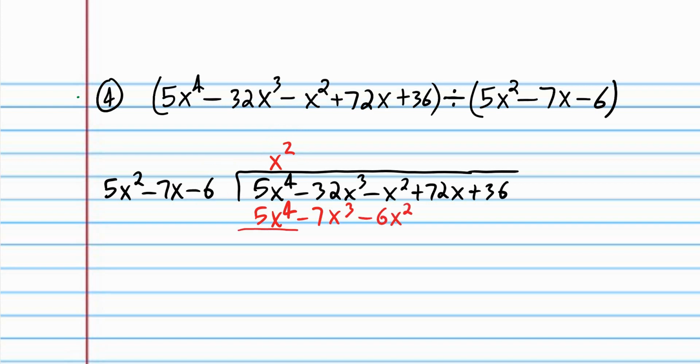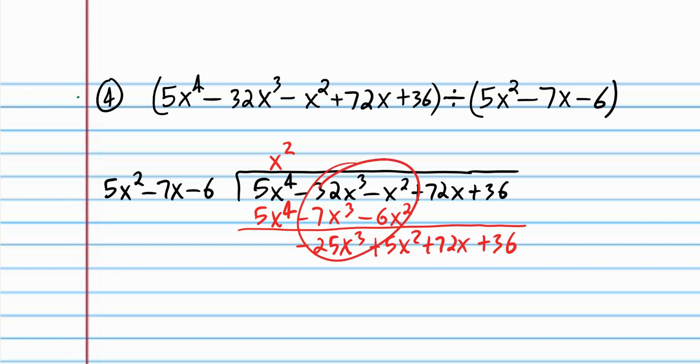Step 3 is to subtract. Make sure you draw your horizontal all the way out. And we're going to get negative 25x cubed and 5x squared, 72x, 36. Again, if you have problems, it's going to be the subtraction here.